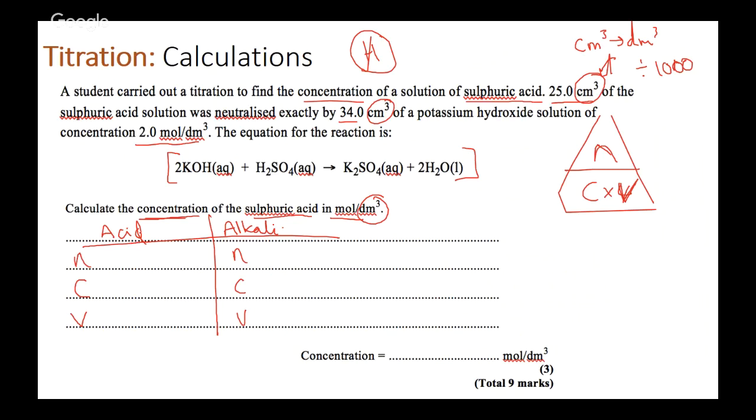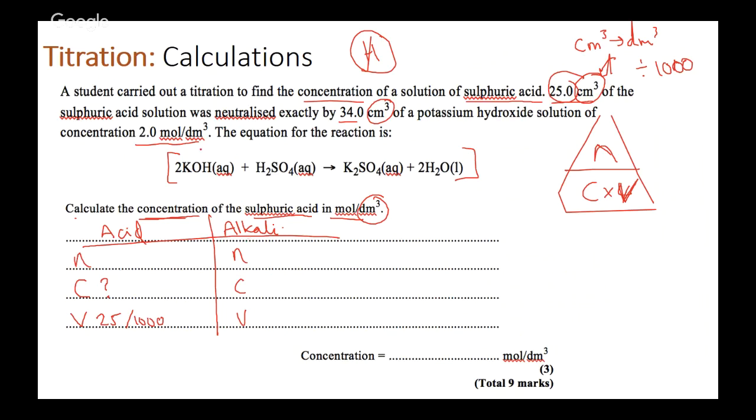So for the acid, you just have to write down what information you've got and what you need to work out. So I always put a question mark in the bit that you need to work out. We've been asked to work out the concentration of acid, so I leave that as a question mark. The volume of acid we've been given as 25, but we need to divide it by 1,000. So I write that down straight away as 25 divided by 1,000. And we don't know yet about N.